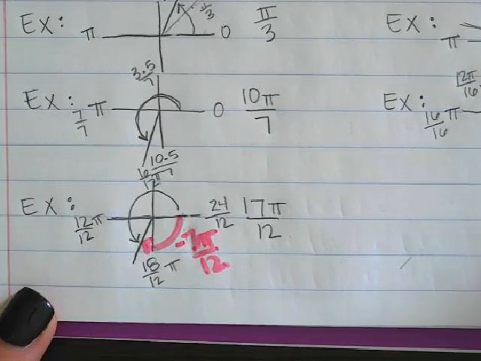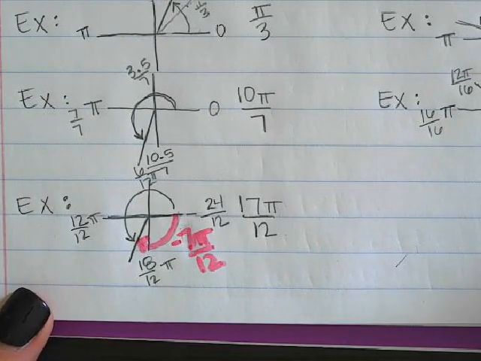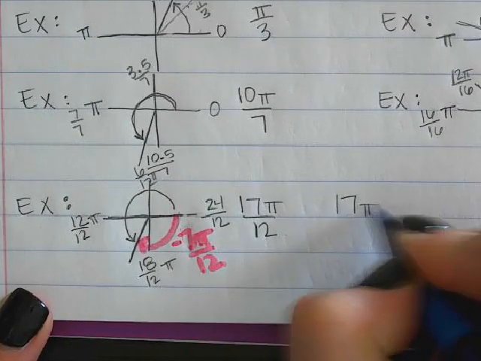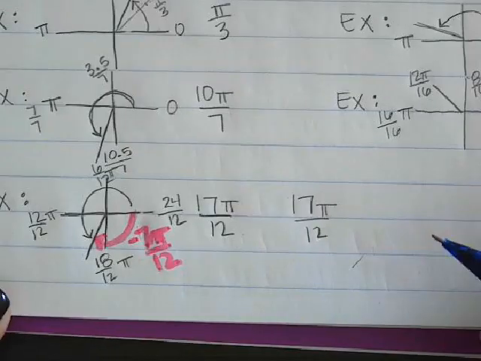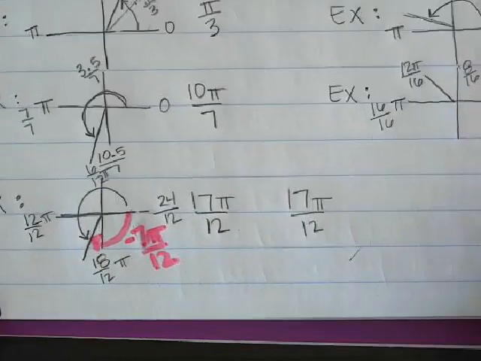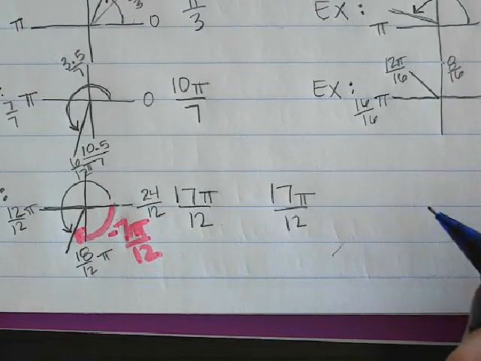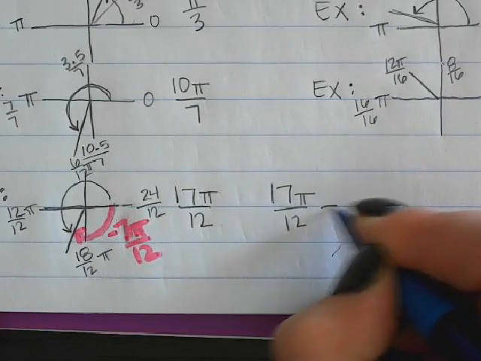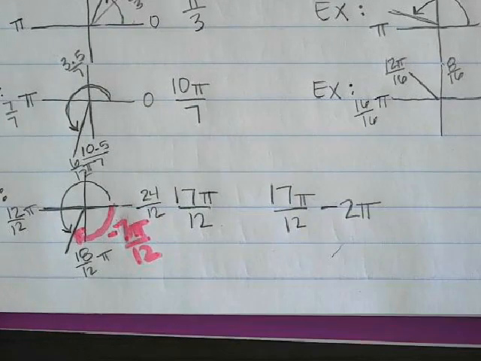Perfect. So when we find coterminal angles with radians, we are going to do the radian measurement that we started with, and we can add a full circle or subtract a full circle, and a full circle in radians is 2π. So the way that we got to the negative coterminal angle is we subtracted a full circle.